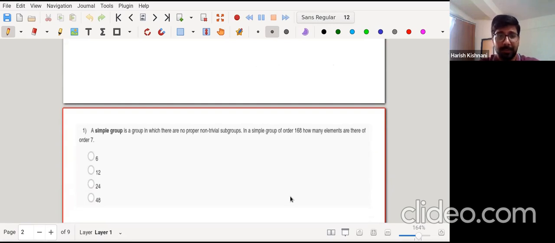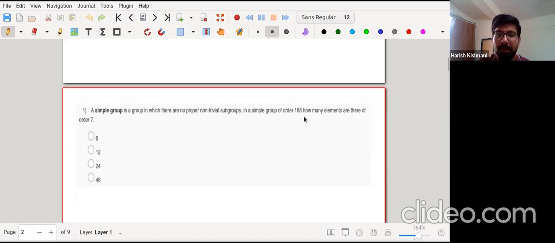So the first question is: a simple group is a group in which there are no proper non-trivial normal subgroups. I hope you all know that. Just a small correction here.